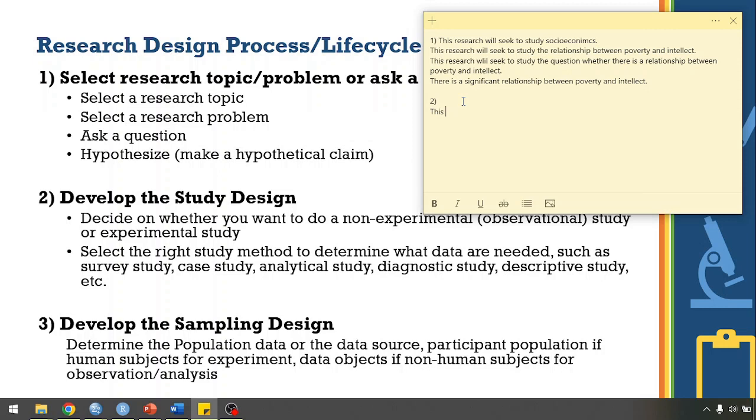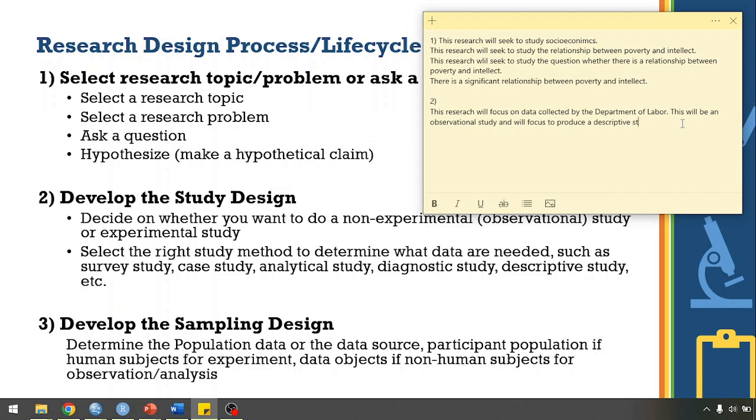So you can say something like, this research will focus on data collected by the Department of Labor, and you can also say that this will be an observational study, and this research will produce, let's say, a survey study or a diagnostic study or a descriptive study.